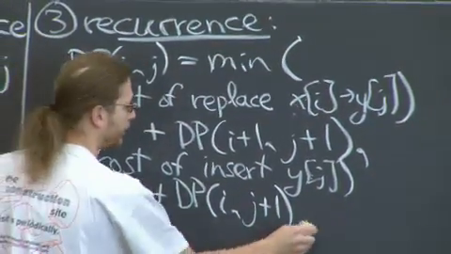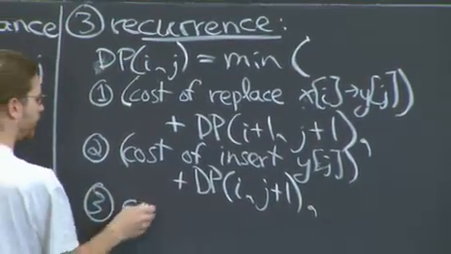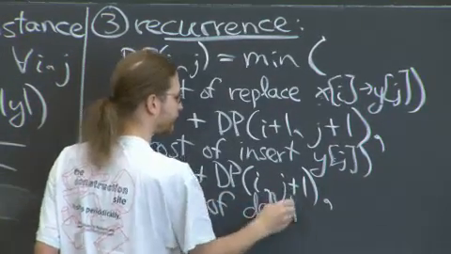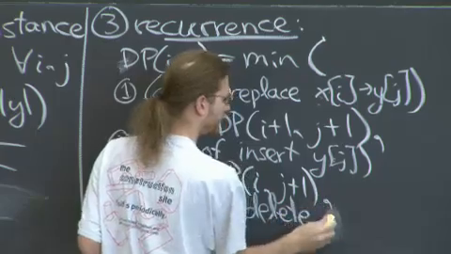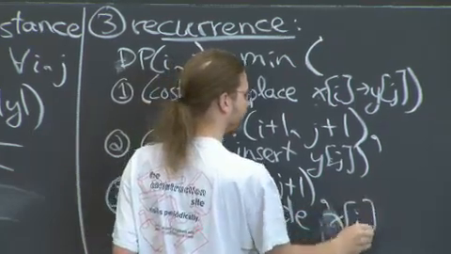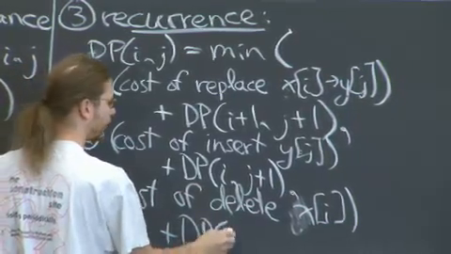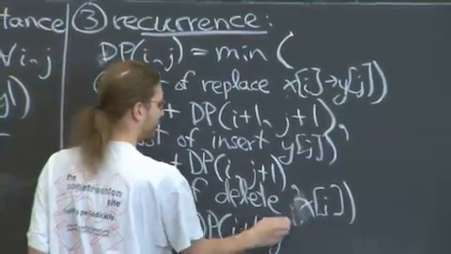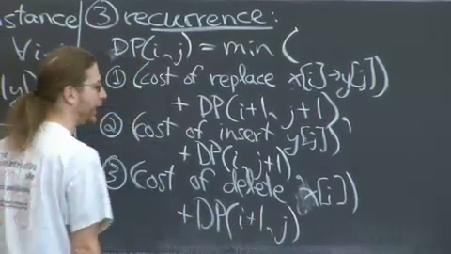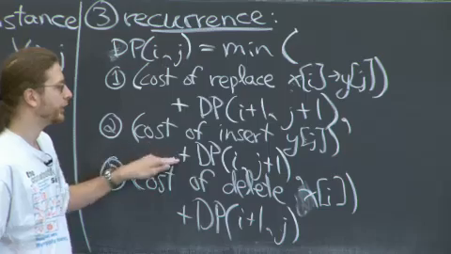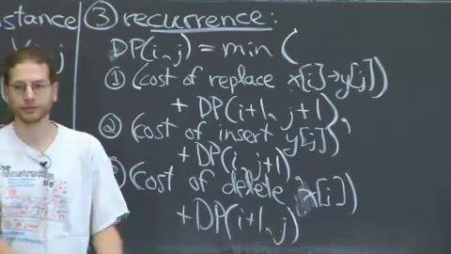OK, comma. Last option is basically the same. Cost of the delete, deleting xi. And then we have to add on dp of I+1, j. Because here we did not advance y, but we advanced x. It's crucial that we always advance at least one of the strings, because that means we're making progress.